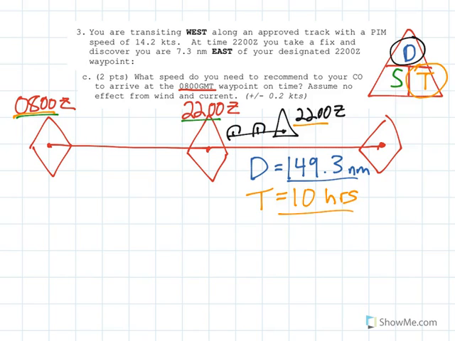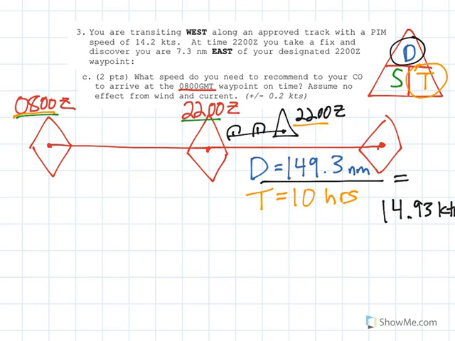149.3 nautical miles. Look at our time, speed, distance triangle. Distance is on top of time. So we'll take our distance and divide it by our time. 149.3 nautical miles divided by 10 hours equals 14.93 knots. And let's sanity check that. We were a little bit behind our last waypoint.